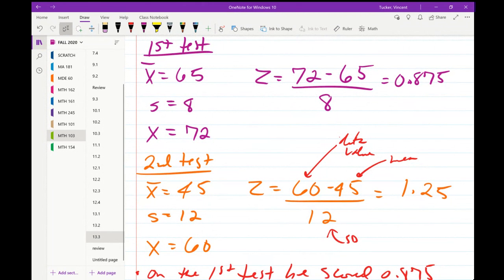And on the second test, he scored a 60, so that's our data value. The mean was 45, and the standard deviation is 12. And so you have 60 minus 45 over 12, which is 1.25. And just pointing out the fact that it's always the data value minus the mean over the standard deviation.